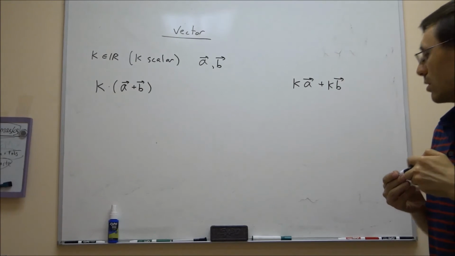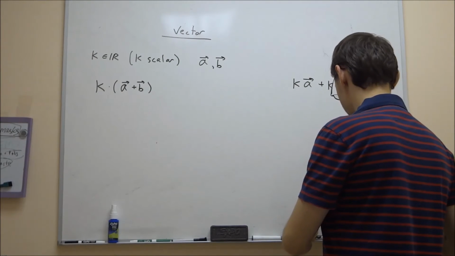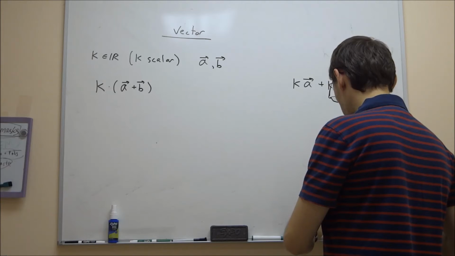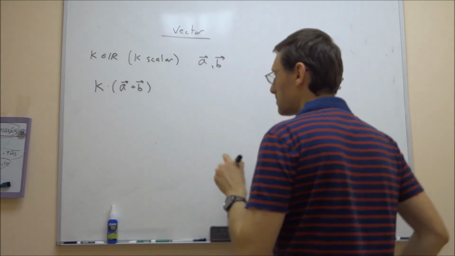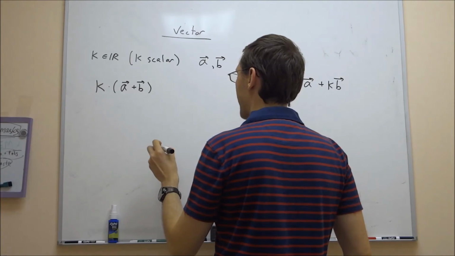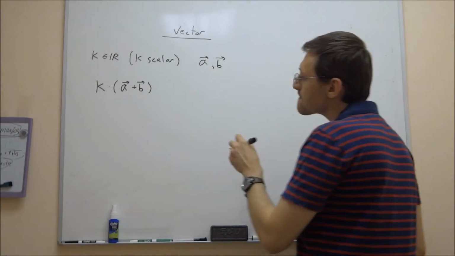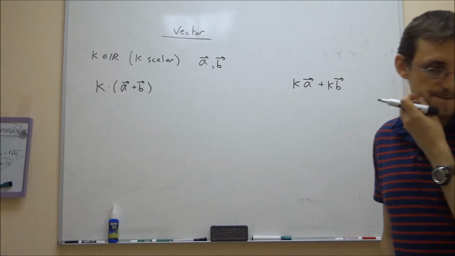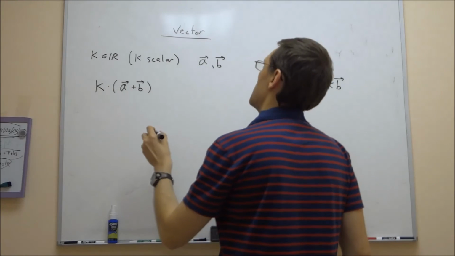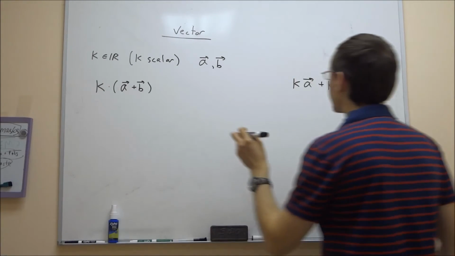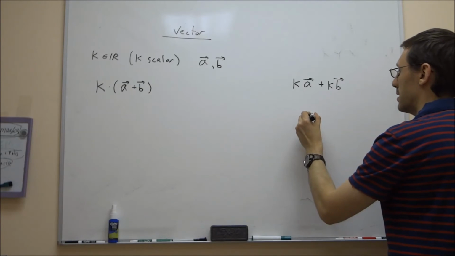So let's draw both pictures at the same time. So first, let's draw the vectors A and B tail to tail.